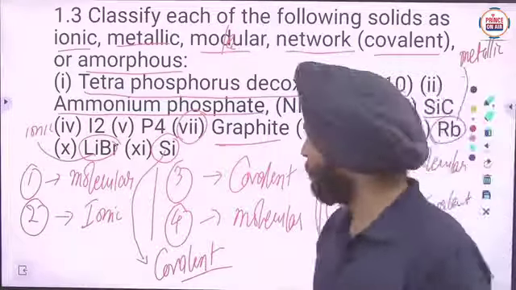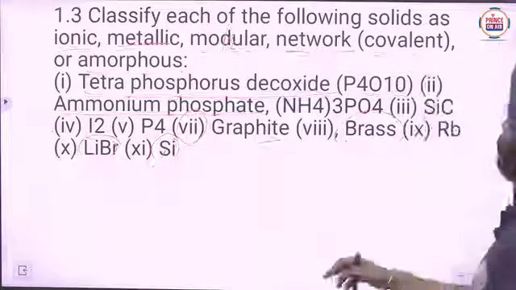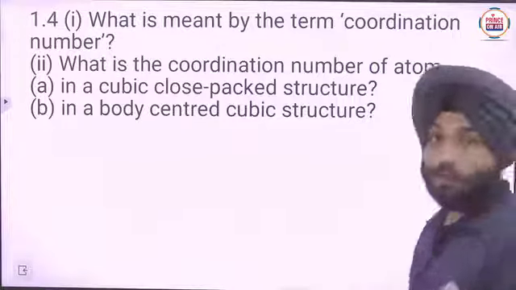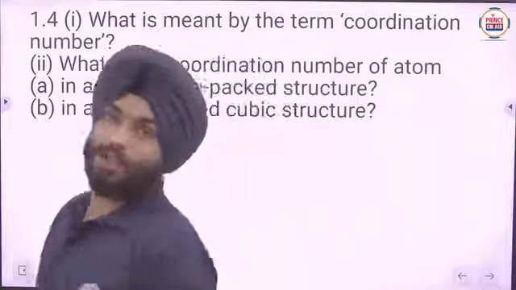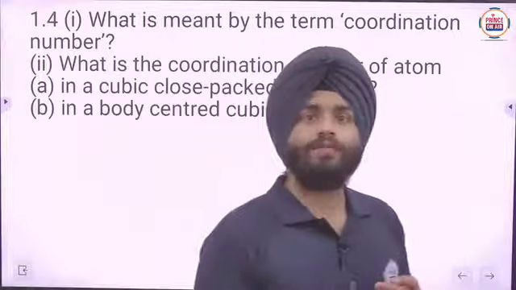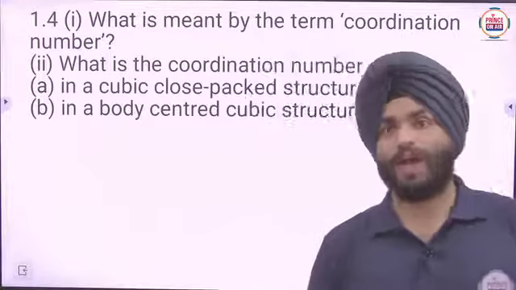Next one is: what is meant by the term coordination number? Just define that term first. It is the number of nearest neighbor atoms.